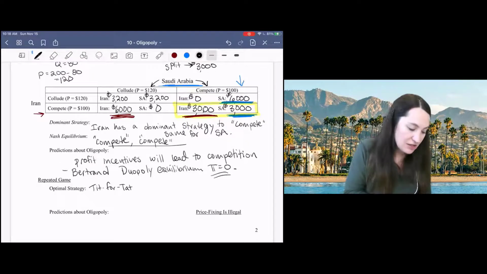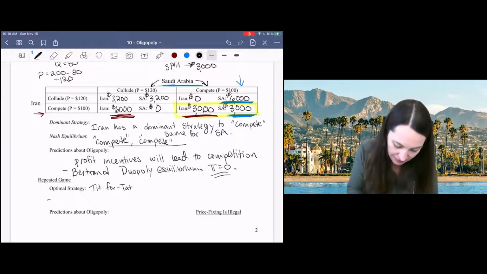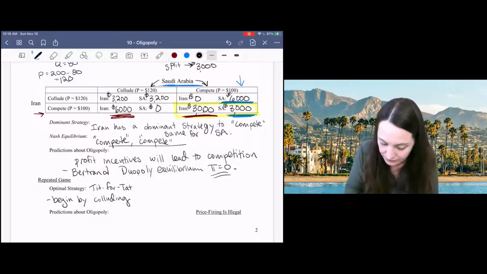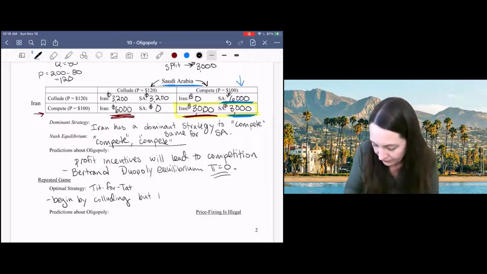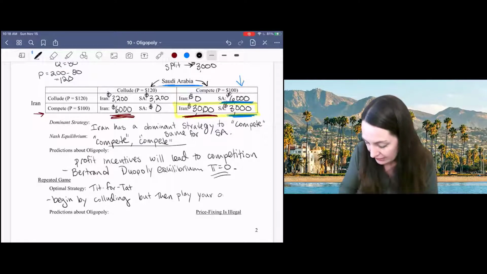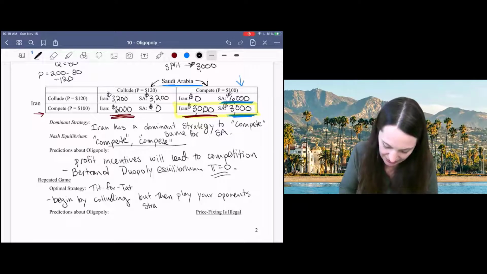So in this strategy, you begin by colluding, but then in subsequent rounds, you play your opponent's strategy from the previous round.